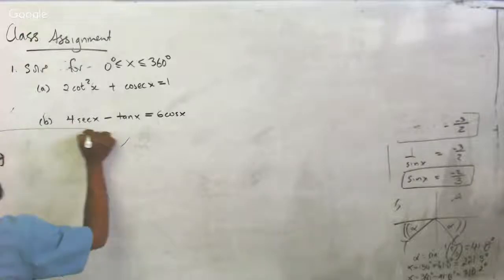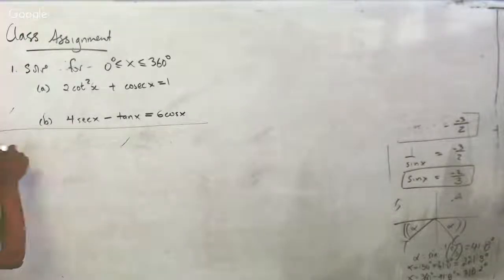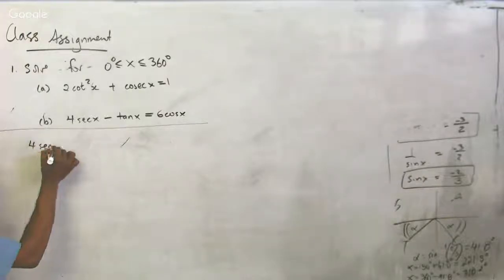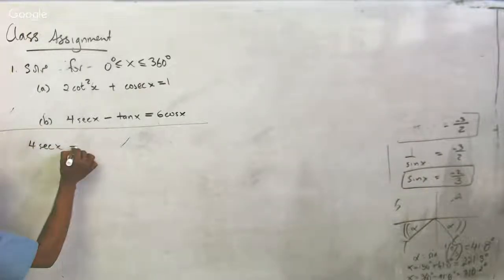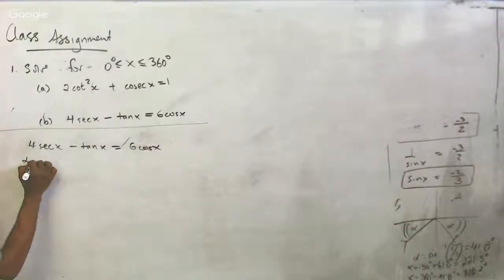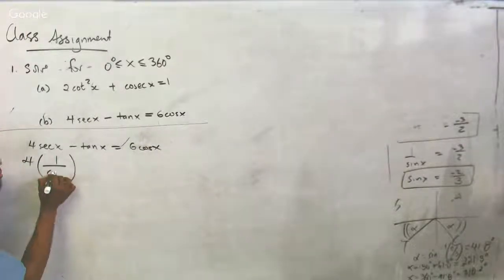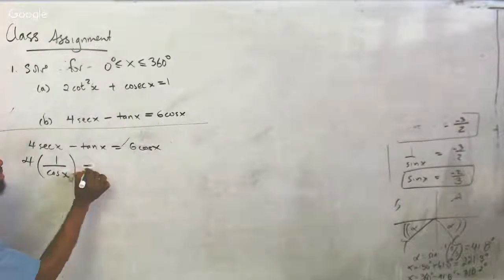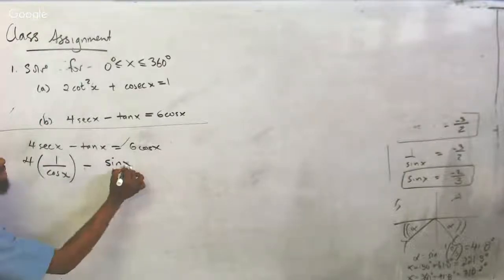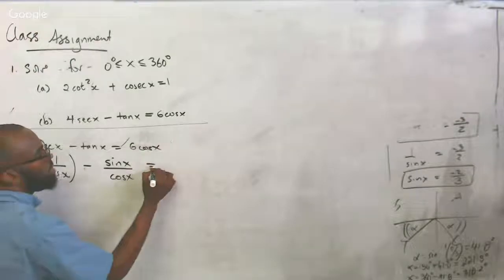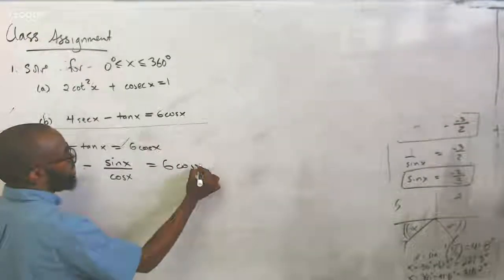In this case, I am saying 4 secant of x minus tangent of x equals 6 cosine of x is 4 in brackets 1 upon cosine of x minus sine of x upon cosine of x equal to 6 cosine of x.